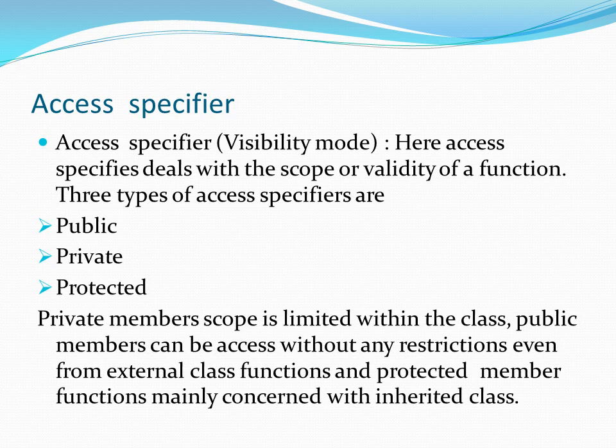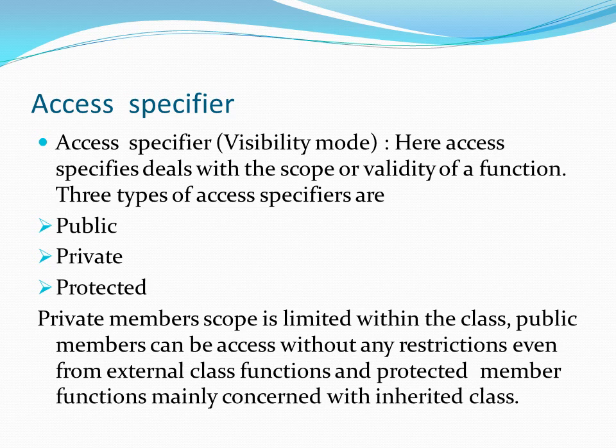When a function of a class is specified as private, only members of that class can use that function. That function remains within the class. We cannot access that function outside the class premises. Public: a public function can be accessed by any source, even from an external class function.